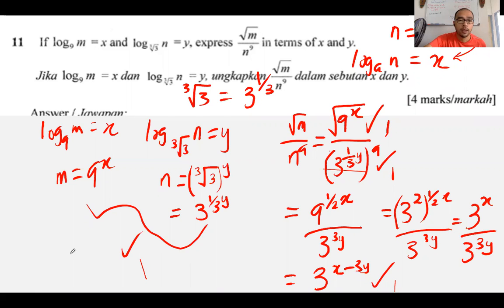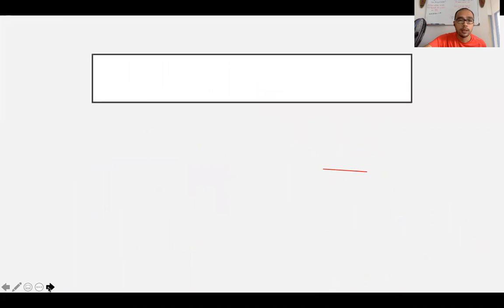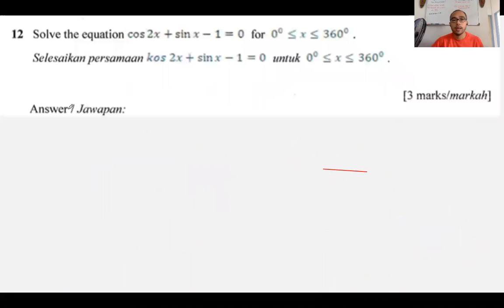Okay, all right, next question. Solve the equation cos 2x plus sin x minus 1 equals to 0. Since there is sin x here, I want to change this cos 2x, so we will use the formula that involves sin.